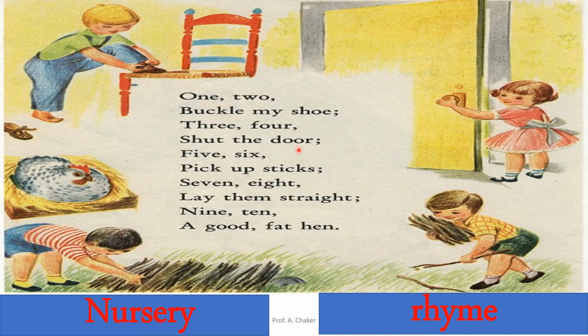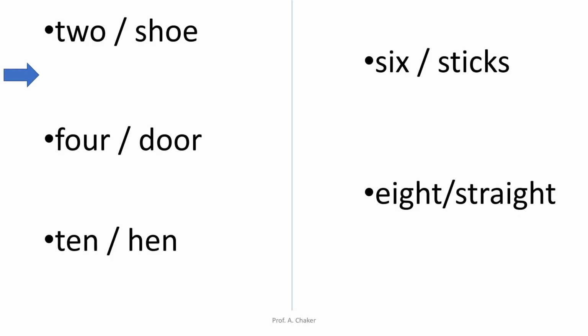Four, door. Six, sticks. Eight, straight. Ten, hen. You notice that each pair of words rhyme together. These are the rhyming words. Let us try to transcribe them. Two, shoe. You notice that the same sound is repeated.